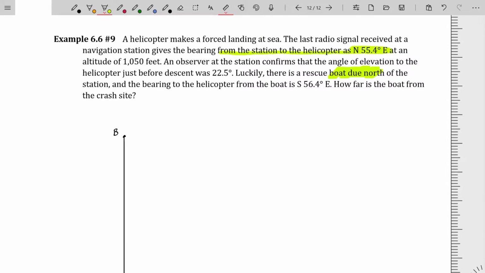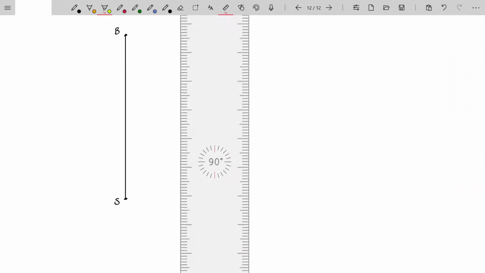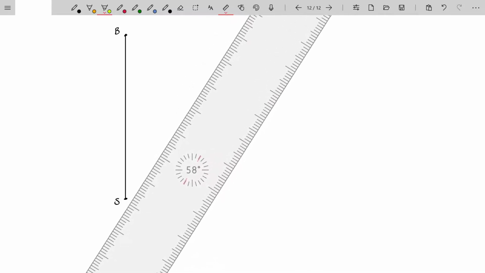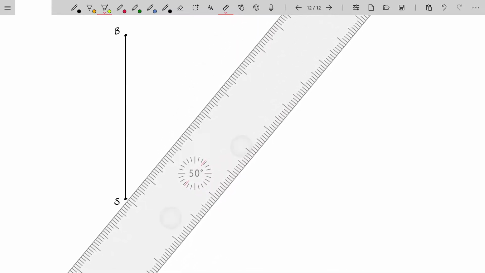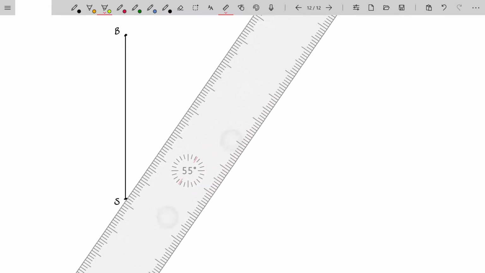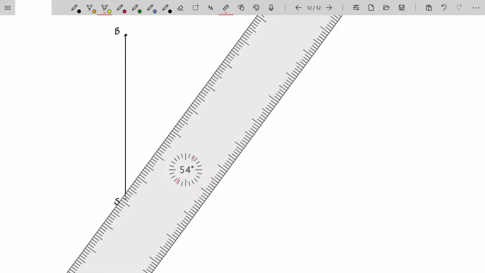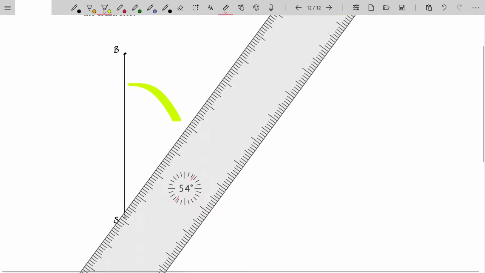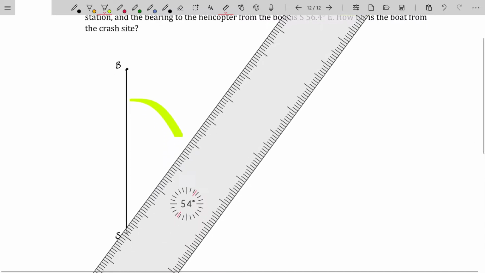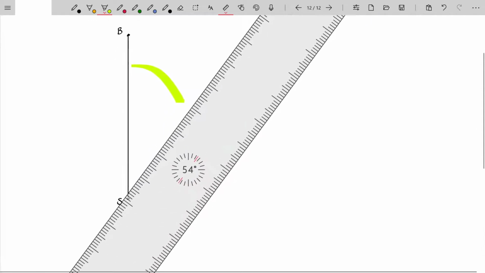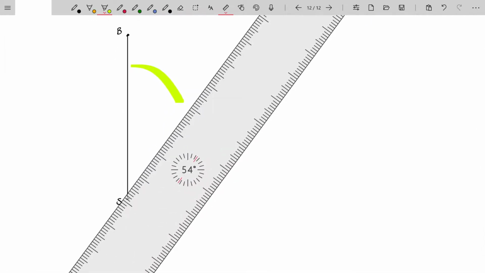So they're going to look northward toward the boat and turn through an angle of 55.4. Now, if you're looking at my ruler, if I stopped here, I'd be wrong, because we want this angle to be 55. So I need to take 90 minus 34 to actually figure out what that is. That's just something I have to do on my end.